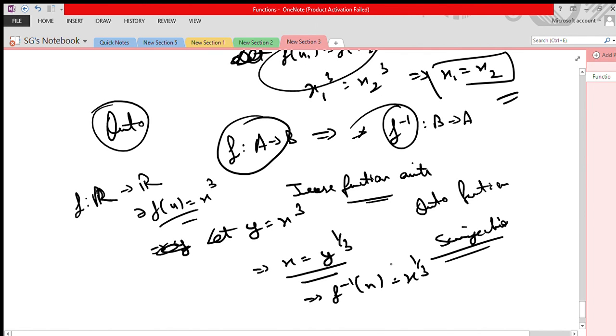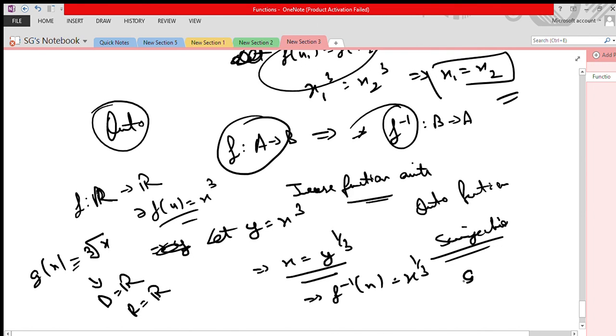Now you can easily notice that, letting f inverse be equivalent to some function g(x), it gives you the cube root of x. So this particular function will also have its domain in the set of real numbers and its range in the set of real numbers.